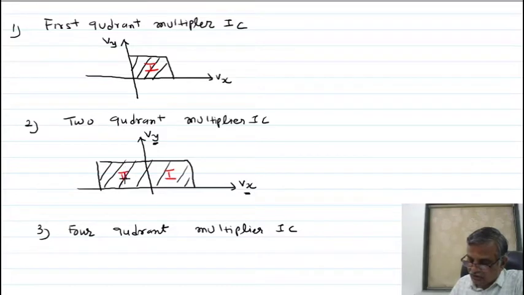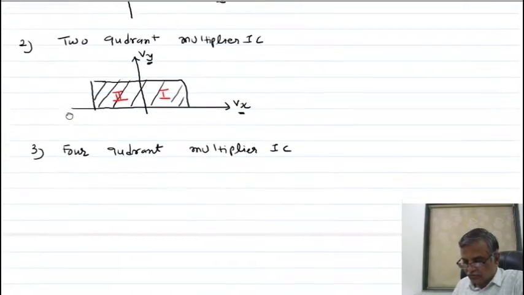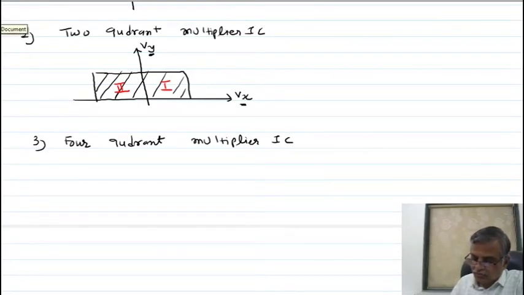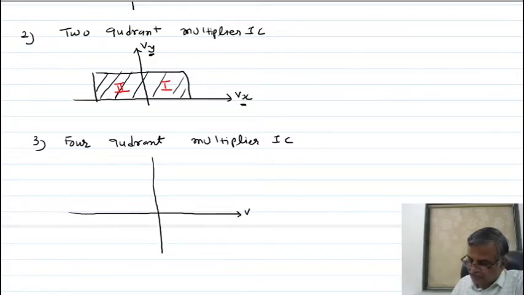For a four quadrant multiplier IC, both the signals Vx and Vy are allowed to swing for positive and negative sign.